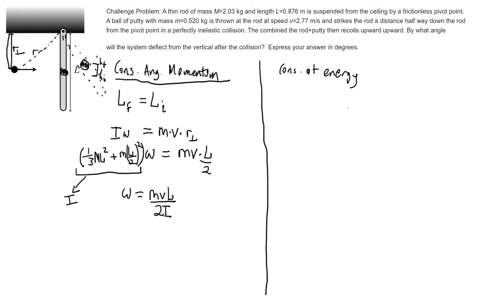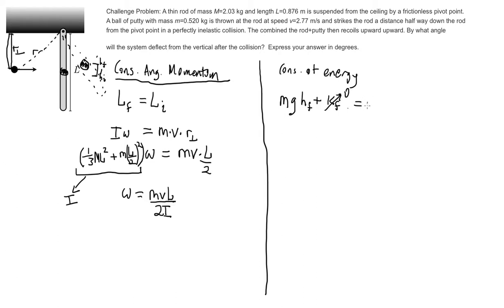That's the point I went over in lecture today, that we treat our energies with respect to the center of mass, and this has been carefully rigged so that the center of mass is easy to identify at a distance of L over 2. So my final state is that the center of mass has risen to h final, and the kinetic energy is 0. So K final is 0.